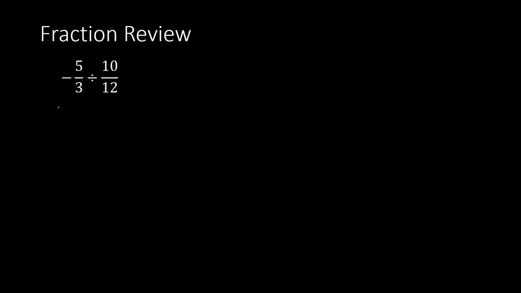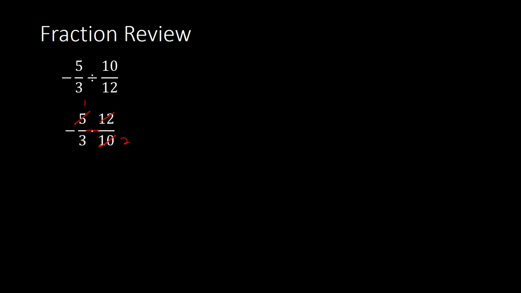If I'm dividing something, remember division is the same thing as multiplying by the reciprocal. So instead of dividing by 10 over 12, it's the same thing as multiplying by 12 over 10. And then from here, I can simplify. So before I multiply, I can cancel things out, where the 5 divided by 10 would leave me with a 1 over 2.